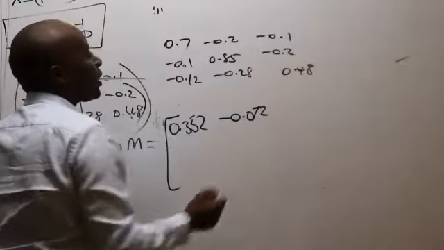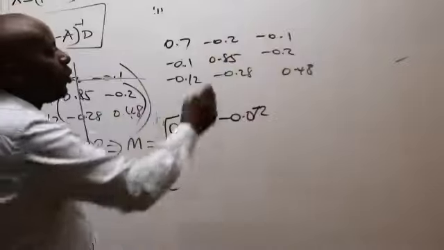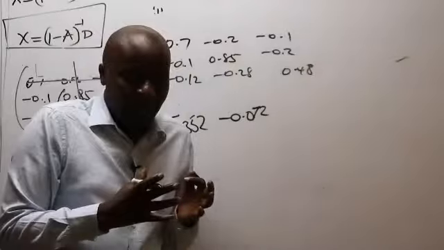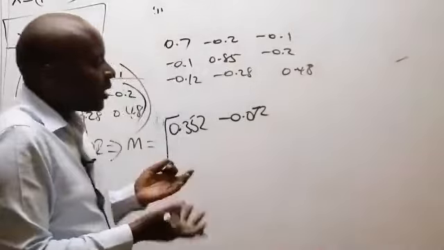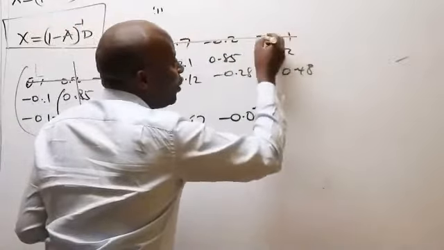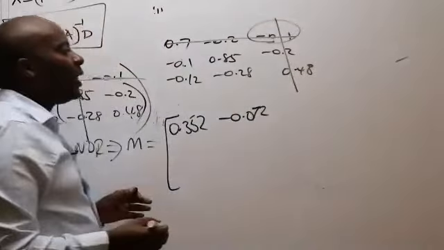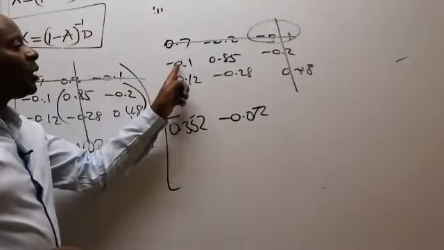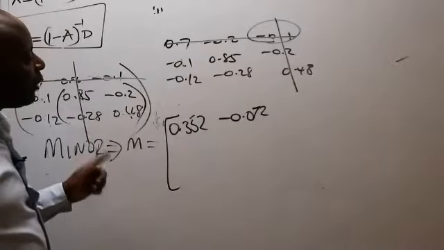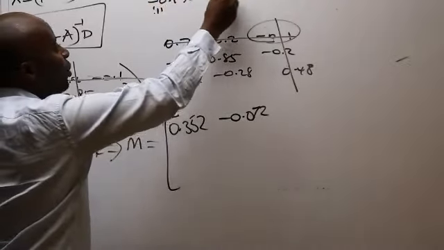So if they want us to give them the minor of this element, I'll have to hide this element. You hide it row-wise and column-wise, and if you do it that way, then you'll be able to see the submatrix. The submatrix left uncovered here is minus 0.1 times minus 0.28.